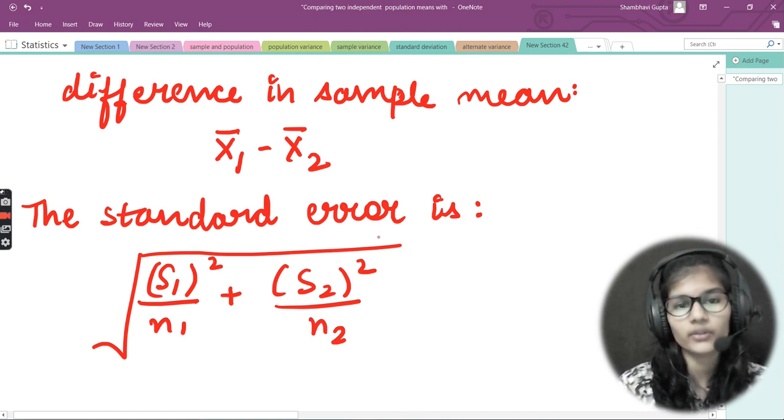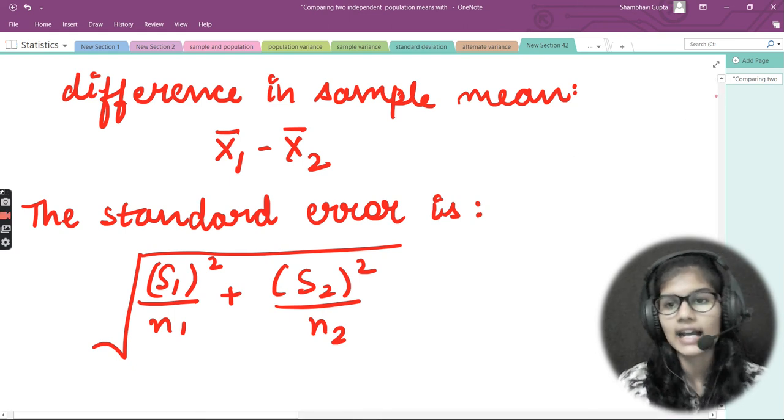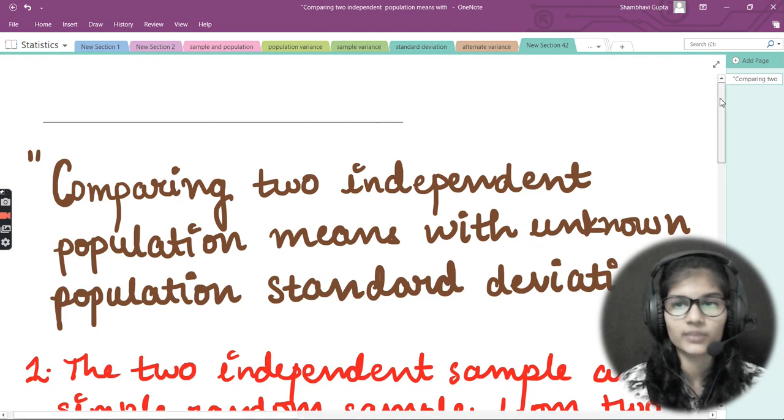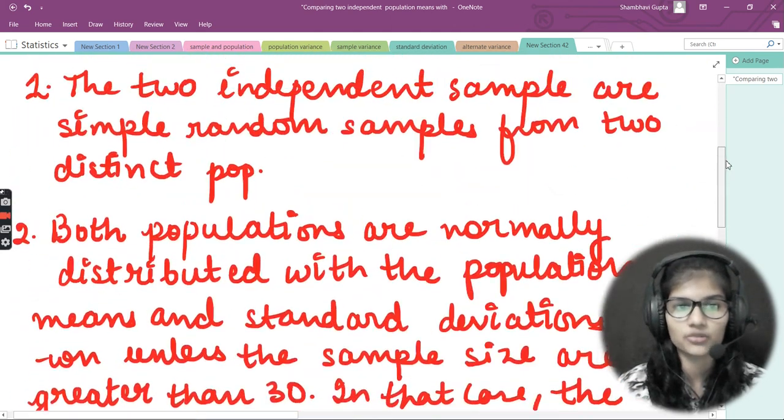So this is the formula for the standard error. And the difference in the sample means, as we all know, is x1 bar minus x2 bar.